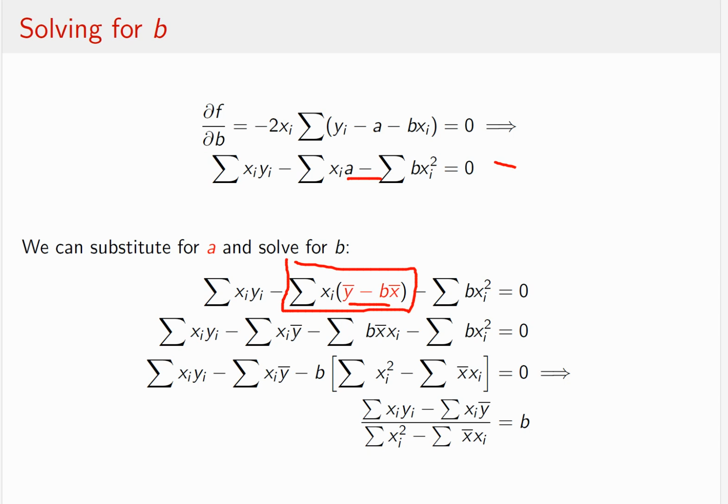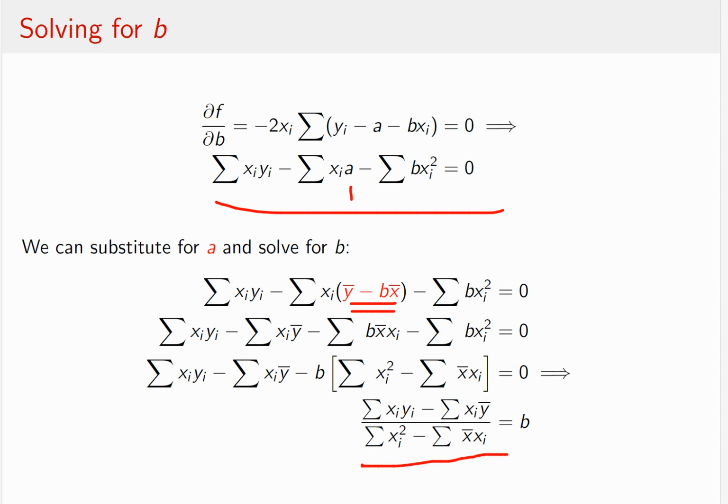So you can see the stuff in red is equal to a, and we substitute it in. Why? Because we have two equations and two unknowns here, right? So we're getting rid of the a by substituting in what a is equal to here. So now we have everything in terms of b. This is fine. We can gather our terms and our summations into this form.